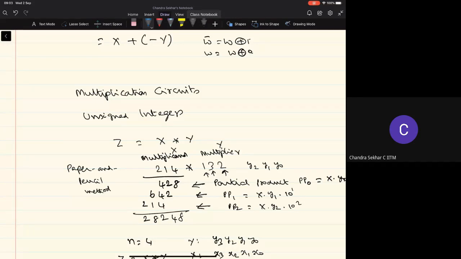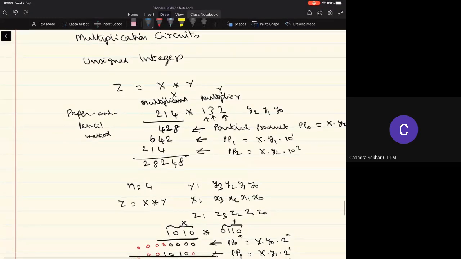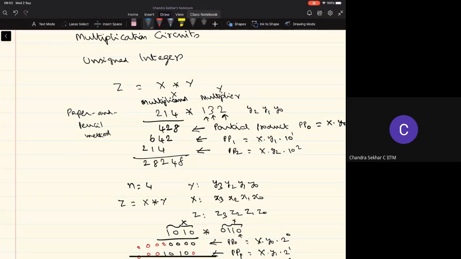So typically, the method that we'll be using for the first circuit that we'll be designing is similar to the paper pencil method we normally use for multiplication of numbers in the decimal system, where given a multiplier operand and the multiplicand operand, we compute the product of the multiplicand operand with every digit in the multiplier operand, and that's what is referred to as the partial product. And it has to be put in the appropriate position.